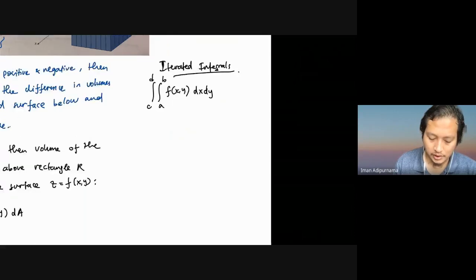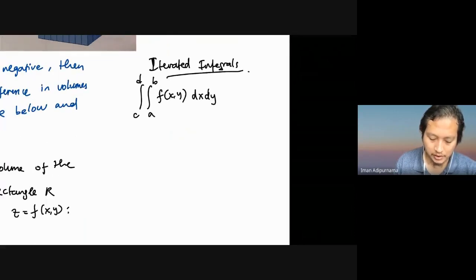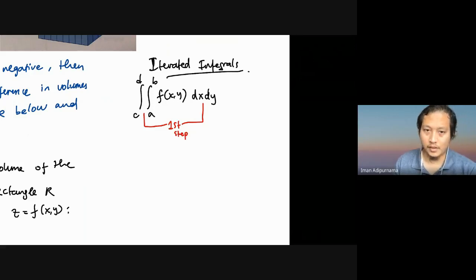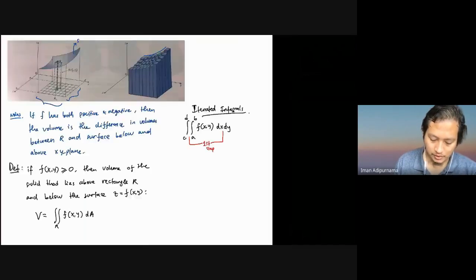What you are seeing here is that the inside is going to be the first step. After we get the first step, then we can move on to the second one. Okay, let me show you the example.